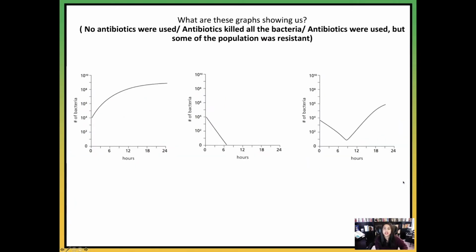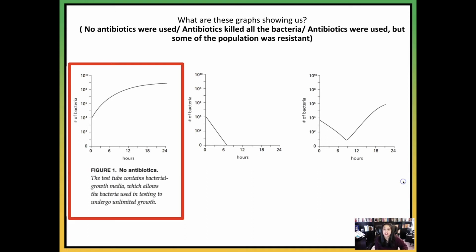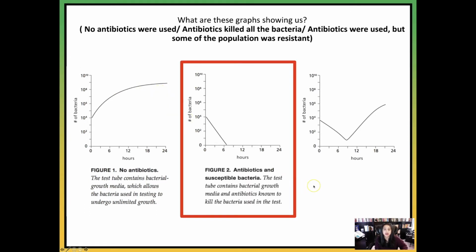So taking a look at these graphs, you can see that the first graph shows what it would be like without any antibiotics. So you can see that the bacteria continue to grow over a 24-hour period. Here in this figure, you can see that antibiotics were used and the bacteria were not resistant.